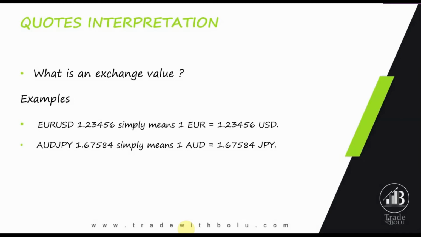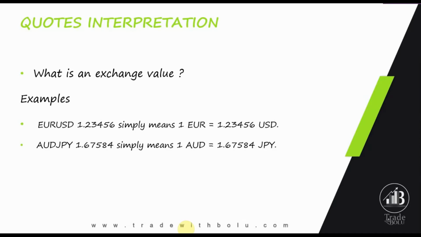So it means that, for example, we see euro USD as 1.23456. It means that 1 euro is equal to 1.23456 USD, kind of like an exchange rate value. Yes, so we have AUD JPY, which is 1.67584. That is 1 AUD is equal to 1.67584 JPY.